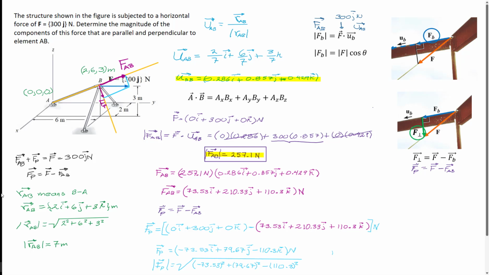So the magnitude of FP is equal to 154.6, and remember newtons. So now my problem is completely resolved.